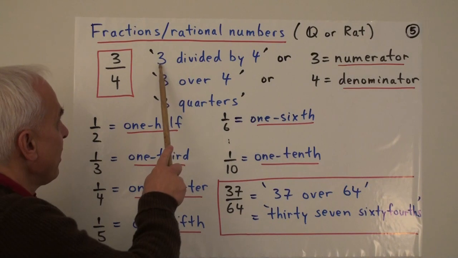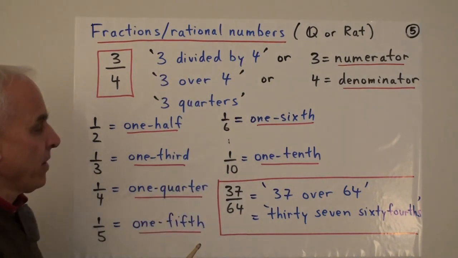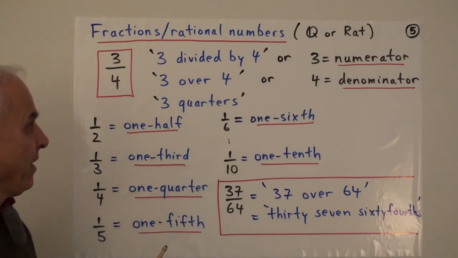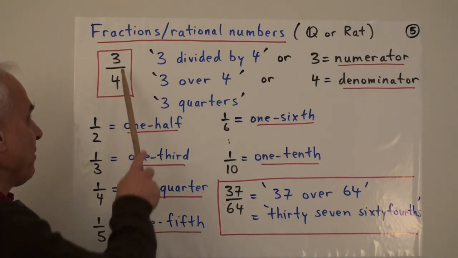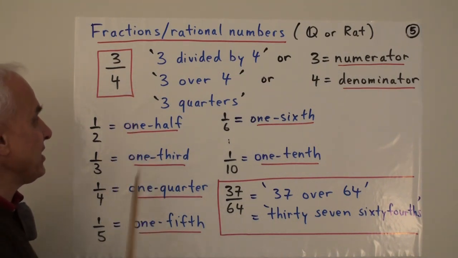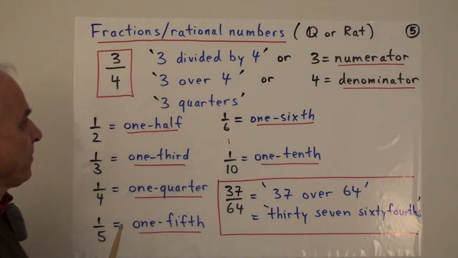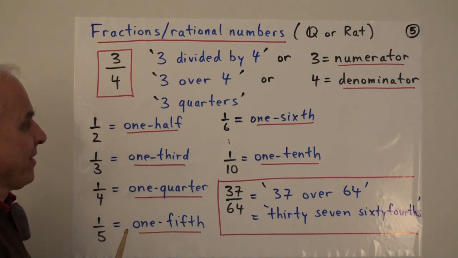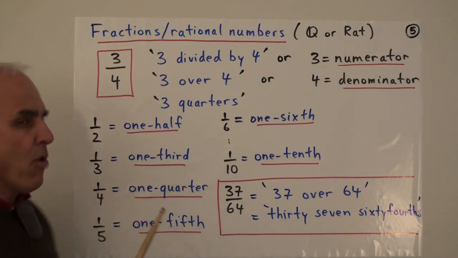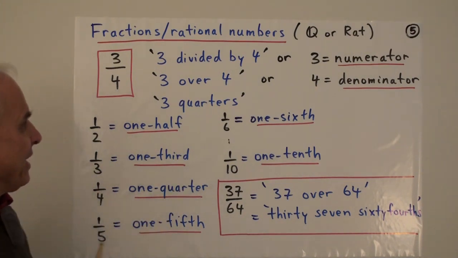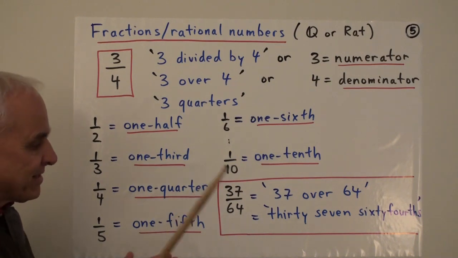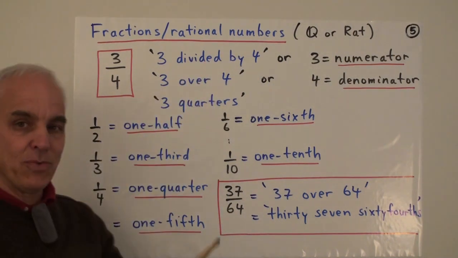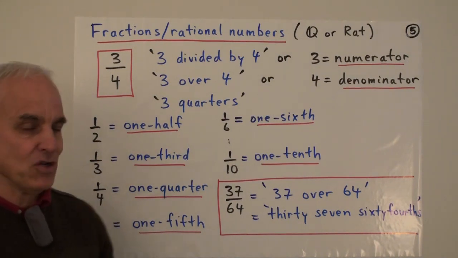One way is 3 divided by 4, when we think of it as representing a division. Another way, when we think of it more as a fraction, we say 3 over 4. Another way is 3/4. They all mean more or less the same thing. We usually don't distinguish too much between a division and the resulting fraction, which is the result of that division.